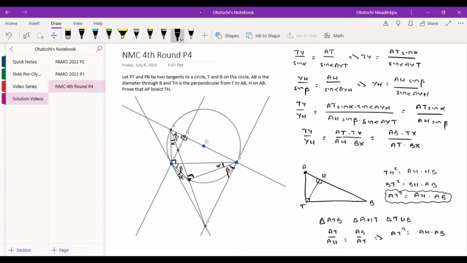So that's where this configuration comes into play, and that's why it's pretty important to be able to recognize this kind of configuration head on. So it was Euler's theorem I used here, and I showed how to prove it. So let me erase this for now so we can continue with our solution.